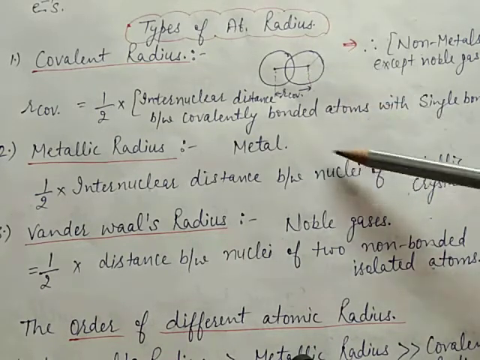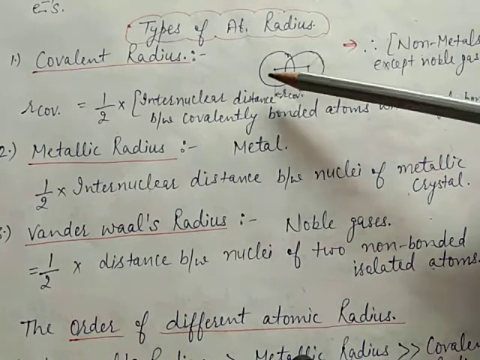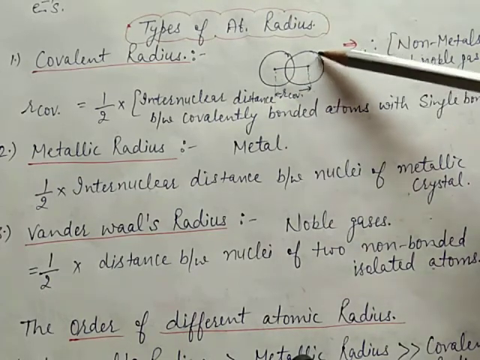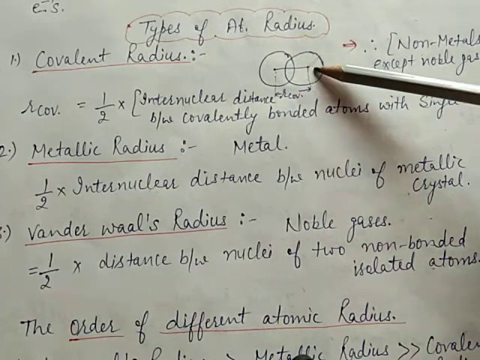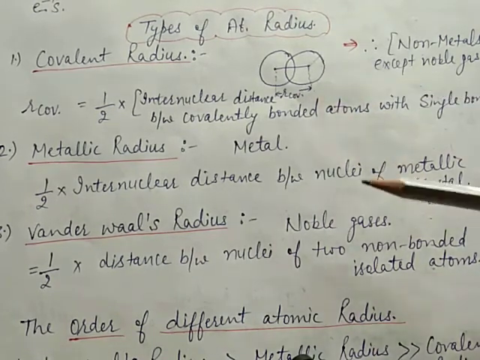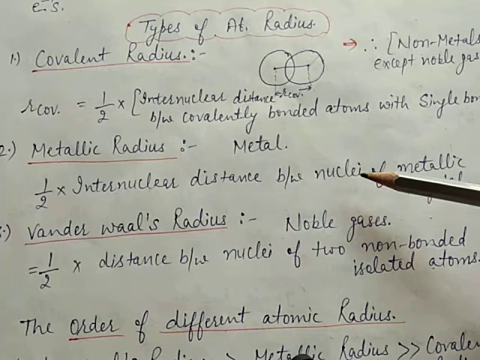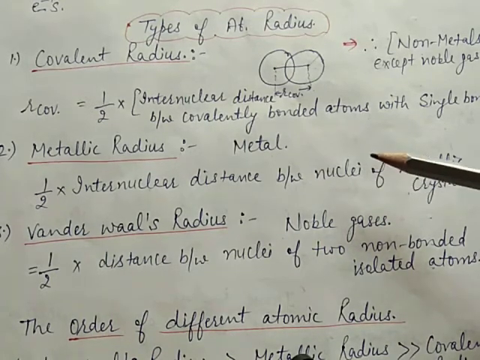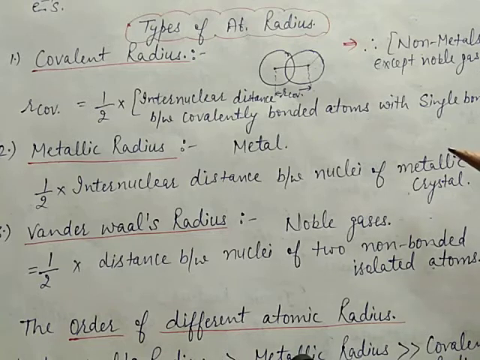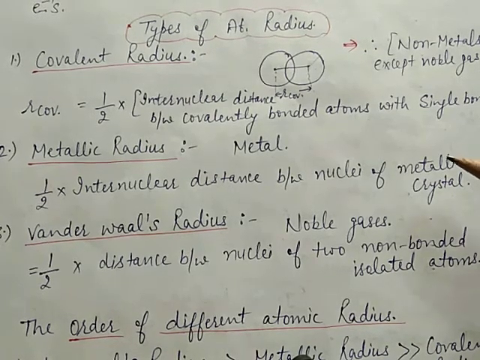So metallic radius is larger, but covalent radius is small because here the force of attraction is strong. In metallic radius, the force of attraction is weak, so the distance is large, so the radius is also large.